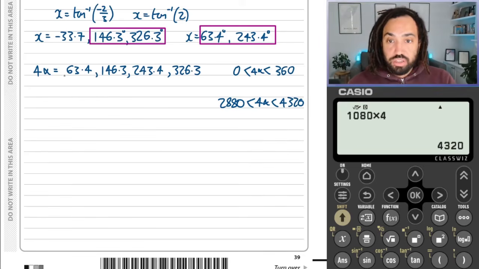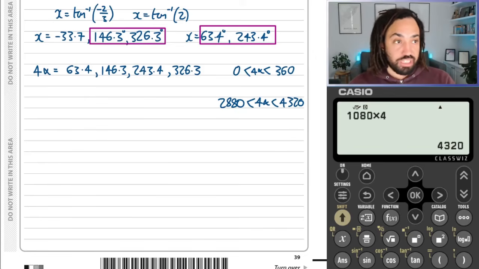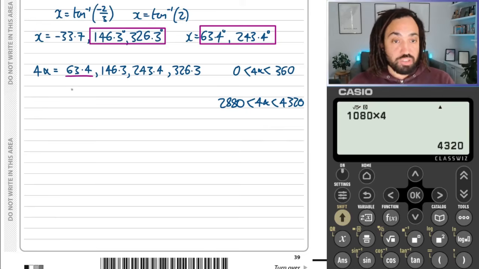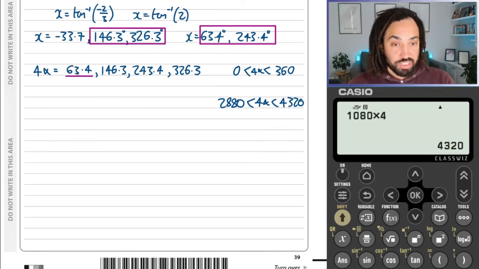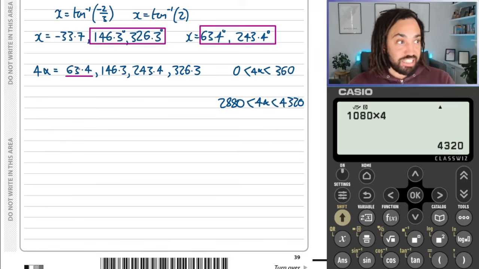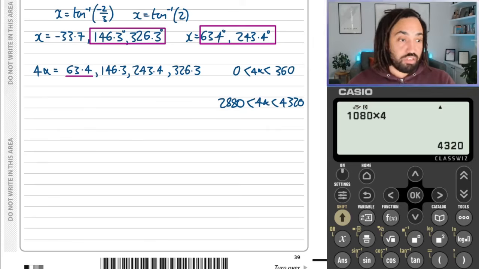Right. So we want solutions for 4 alpha to be within this interval here. And what we can do is add 360 as many times as we want to each of these solutions. Now the first solution, which is going to be the smallest solution, is going to be this one, obviously because it's first and it's the smallest. So how many 360s do I have to add to this in order to get it inside that range? Well, 720 times 4 was the lower bound of the range.